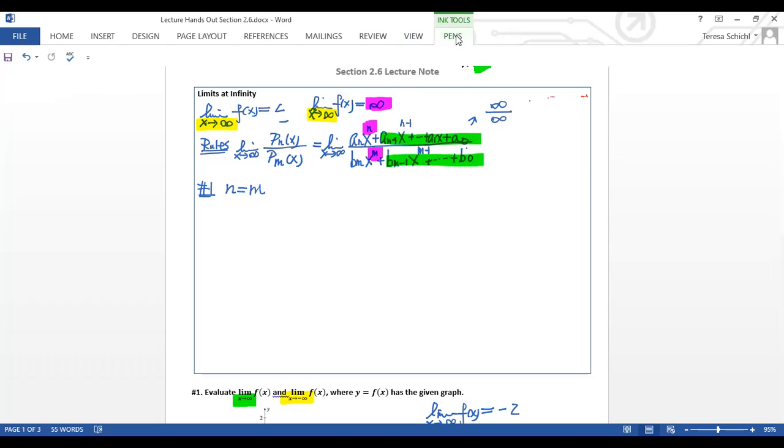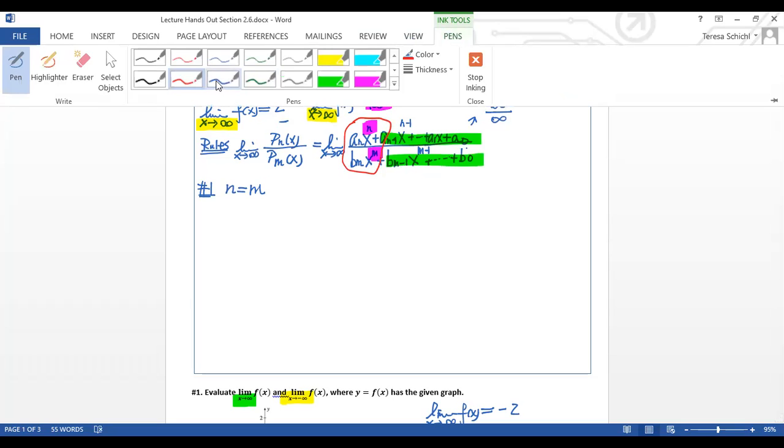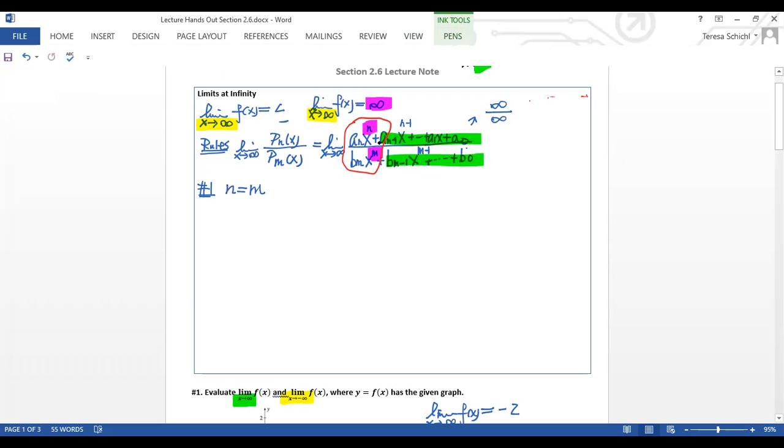I only need to focus on the first leading term, the one that dominates. So the limit as x approaches infinity of P_n over P_m will be a_n over b_m, just the coefficients in front.